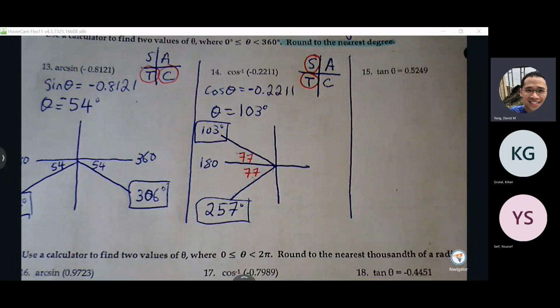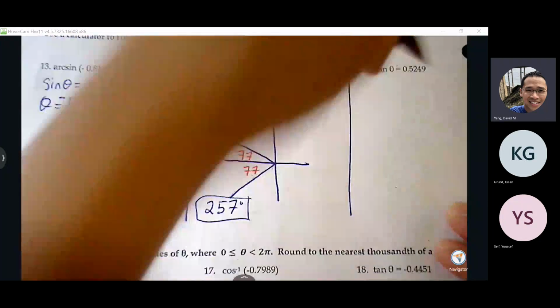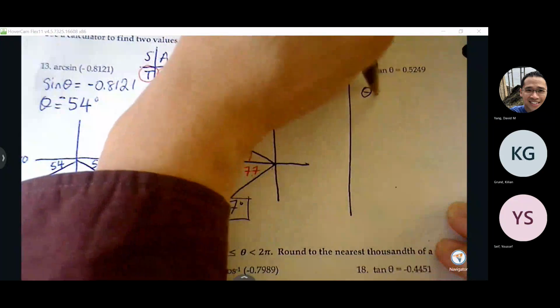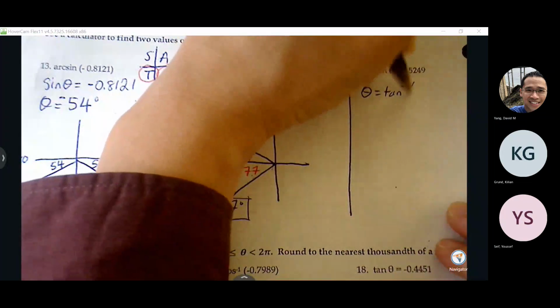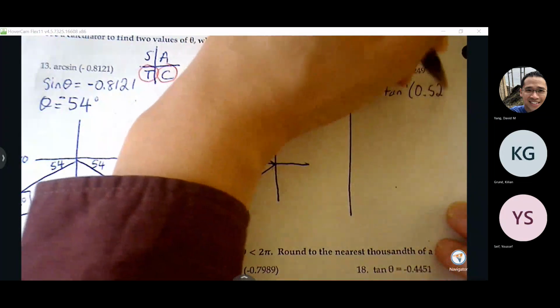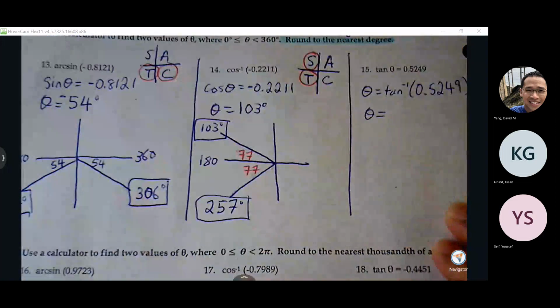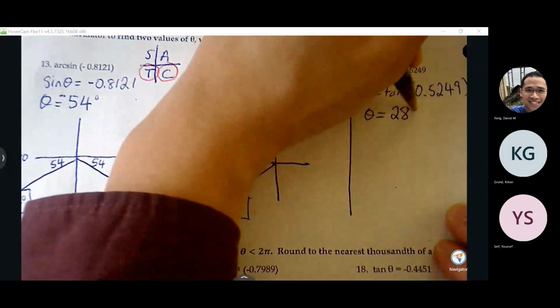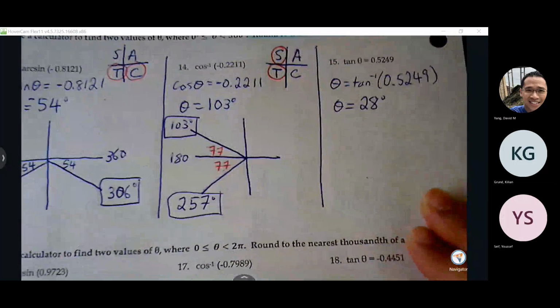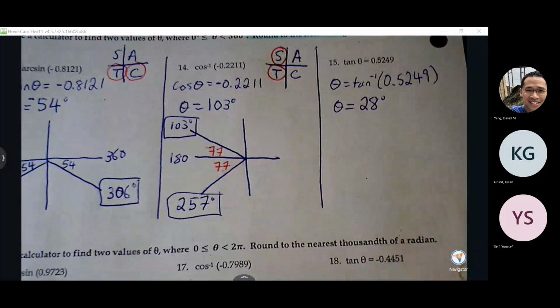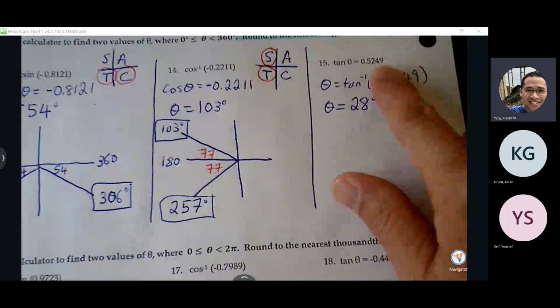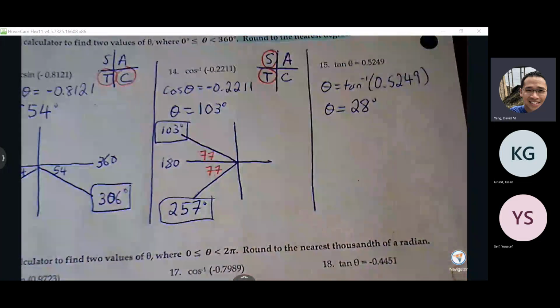Okay, tangent theta is 0.5249. Theta is 28 degrees. We want tangent to be positive.